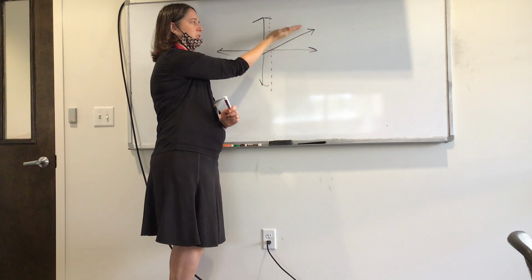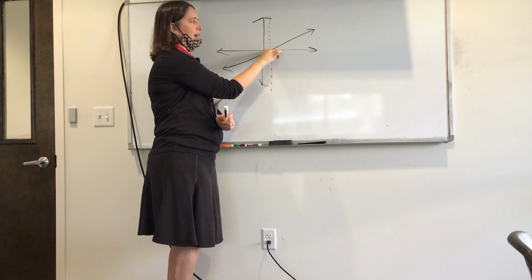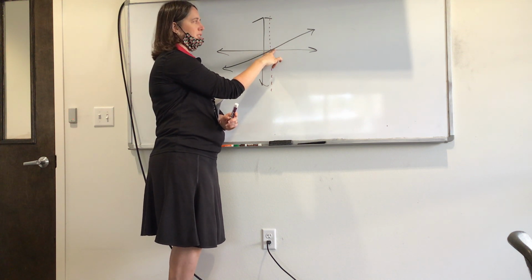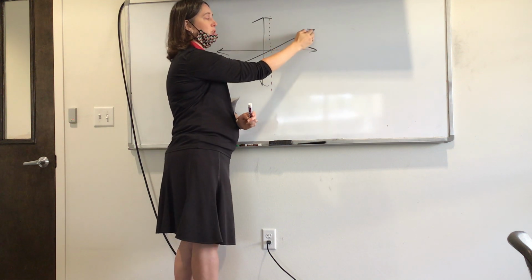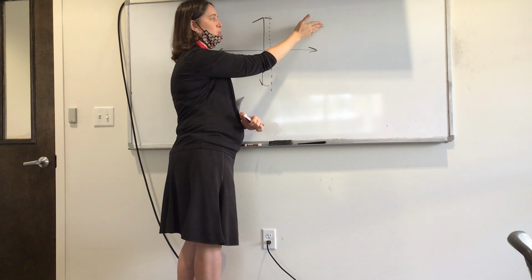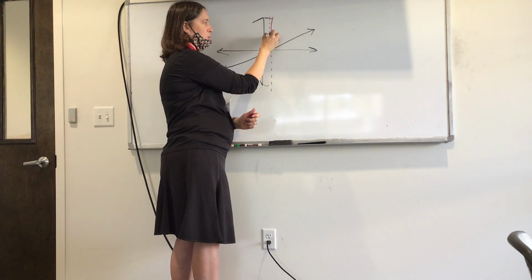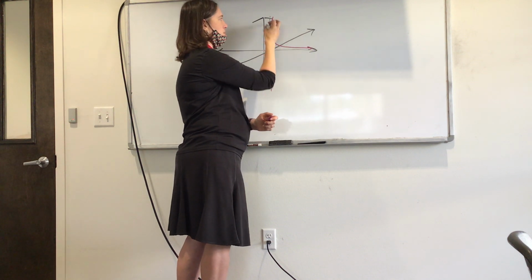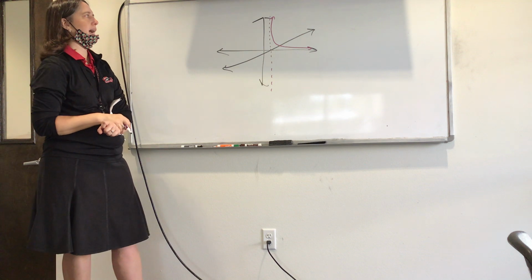Its reciprocal is still above the x-axis. Right here, I'm close to the x-axis. That means the reciprocal is far from the x-axis. As I continue to the right, I'm getting further away from the x-axis. That means the reciprocal needs to be getting closer to the x-axis, and that's where we drew in those little curves like this, going further away, and I'm getting closer to the x-axis.